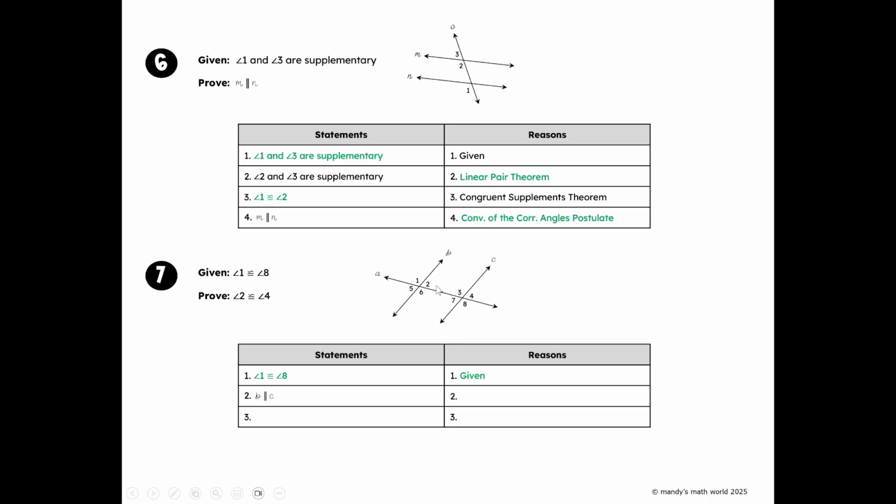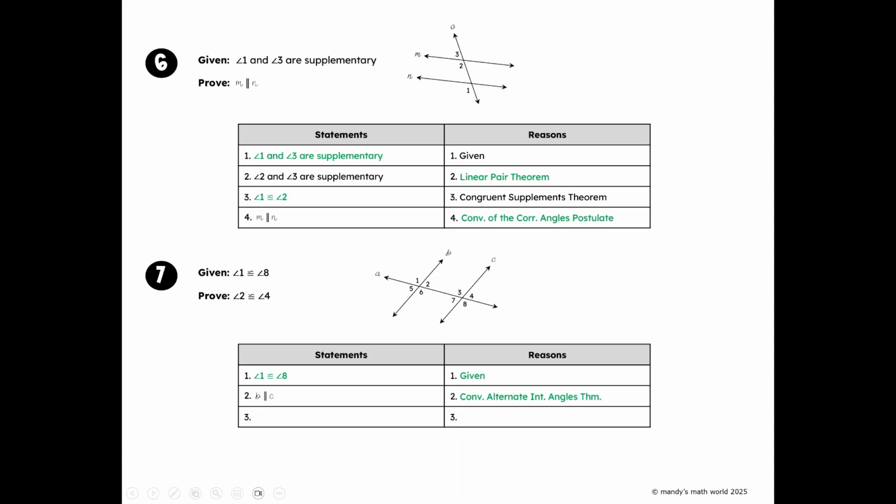If angle 1 is congruent to angle 8, well, first let's identify what type of angles those are. They're alternate exterior angles. And if they're congruent, and I'm proving these lines are parallel, then I'm going to use the converse of the alternate exterior angles theorem.